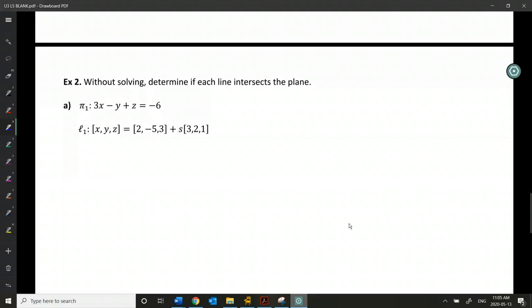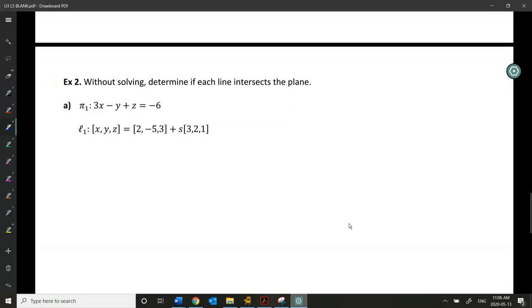All right, so given that there's only really 3 scenarios here, we should really be able to determine if the line actually intersects the plane or not by simply testing if they're parallel. And we can test if they're parallel by simply dotting the normal of the plane with the direction vector of the line.